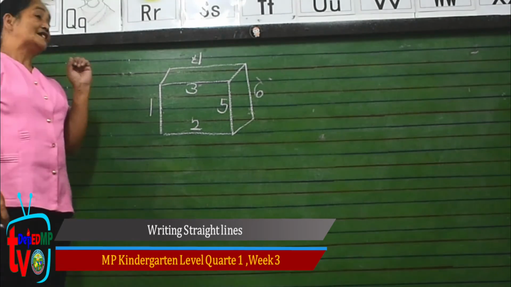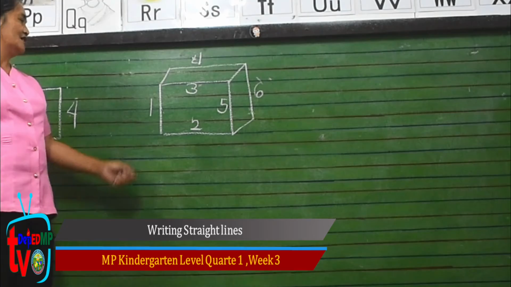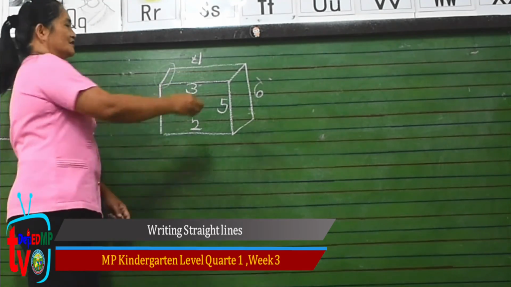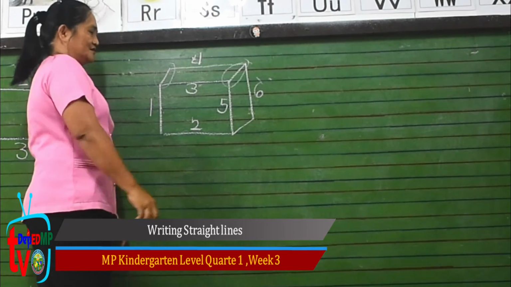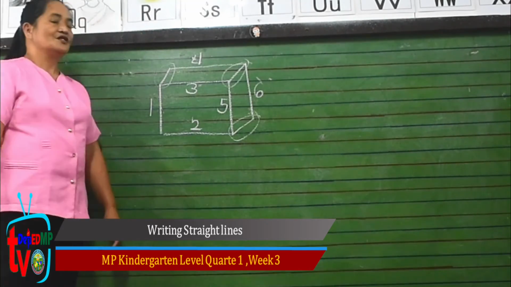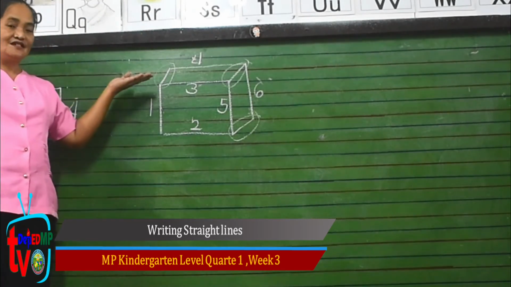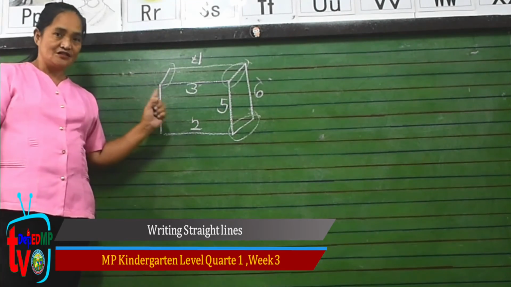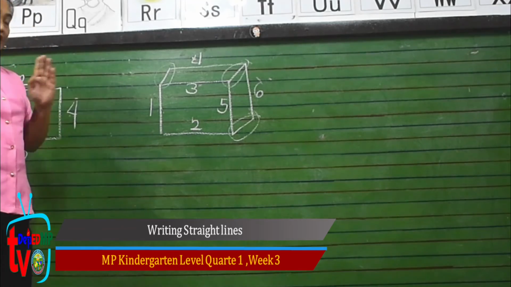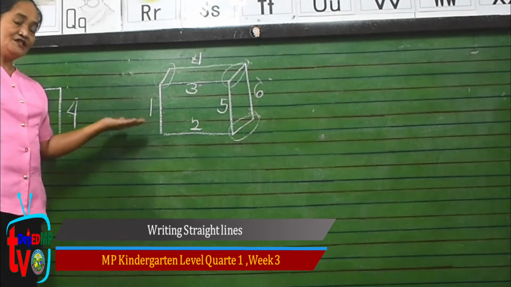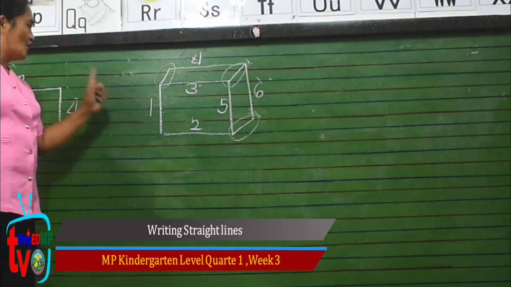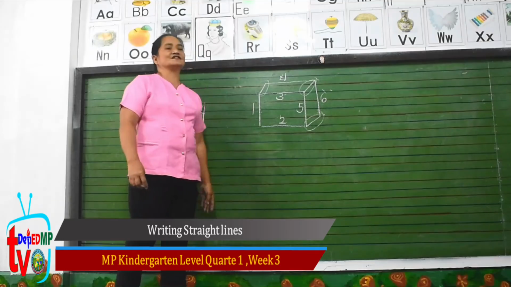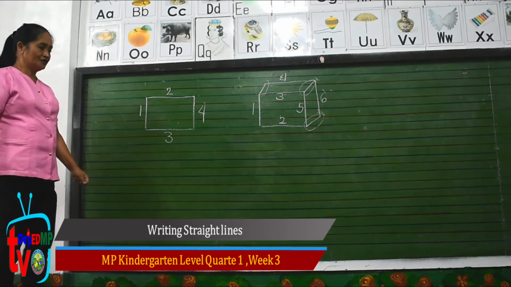We used 6 straight lines. Okay, how about this one? Is this a straight line? No, it is not a straight line. That's why we did not count it. So again, how many straight lines? 1, 2, 3, 4, 5, and 6. Okay, that is for figure B.